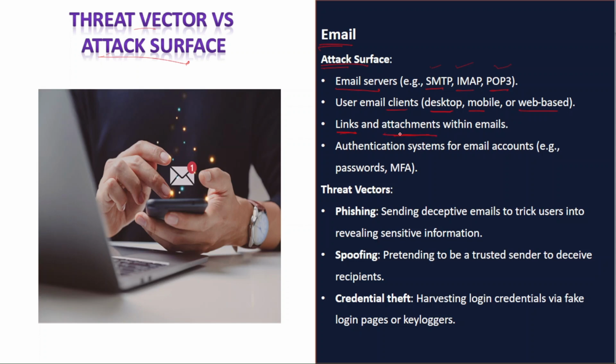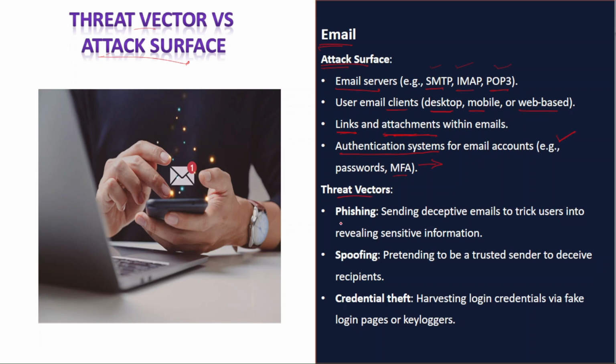So these are also attack surfaces which could be exploited. When you log into your email system, you use a username and password, and you may be using multi-factor authentication such as your Google Authenticator app, or other authentication factors such as biometrics. So these are also attack surfaces which could be exploited.